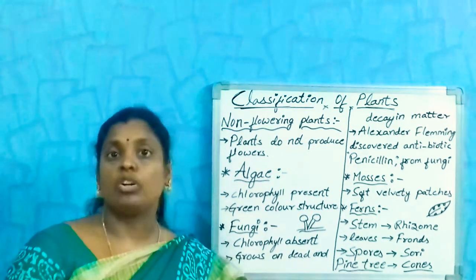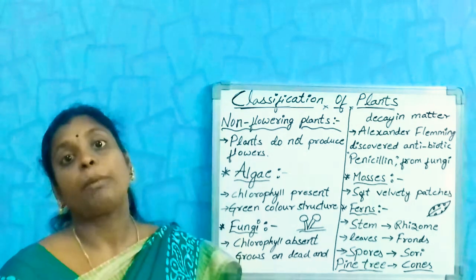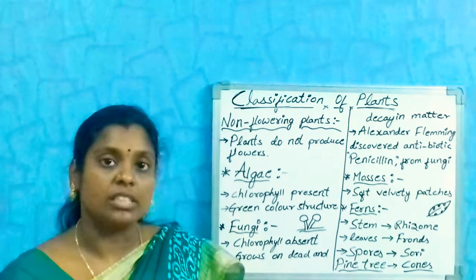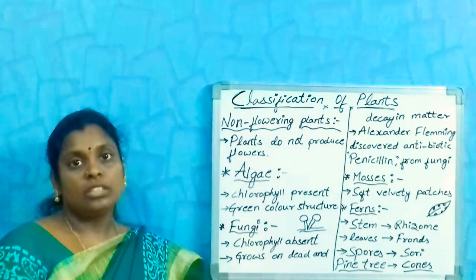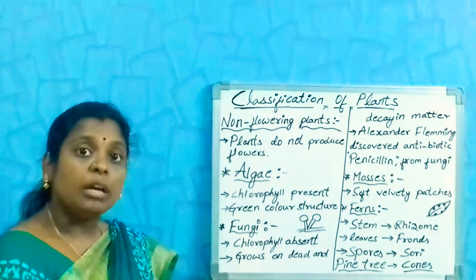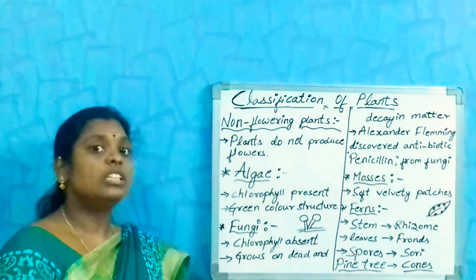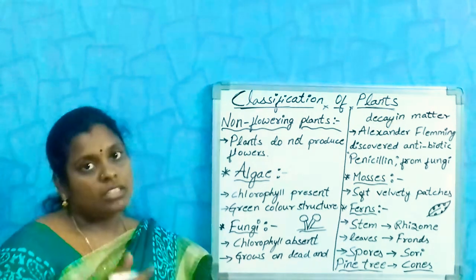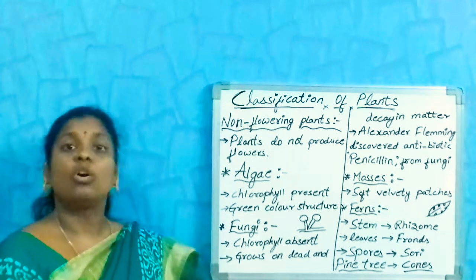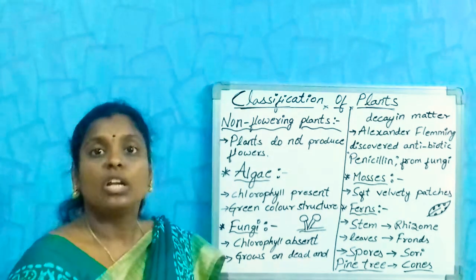So, these four factors are important for the plant to produce its food materials. Isn't it? Yes. The non-flowering plants also contain chlorophyll in some, and some are not having chlorophyll.